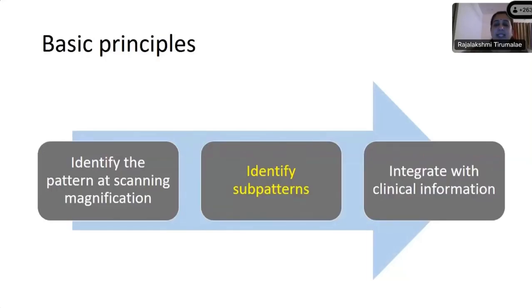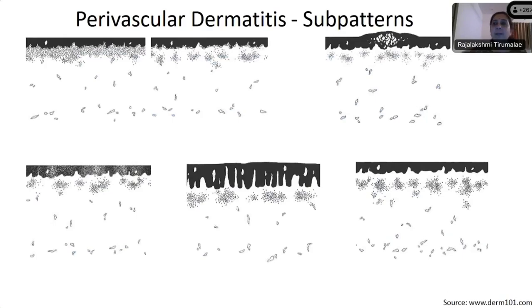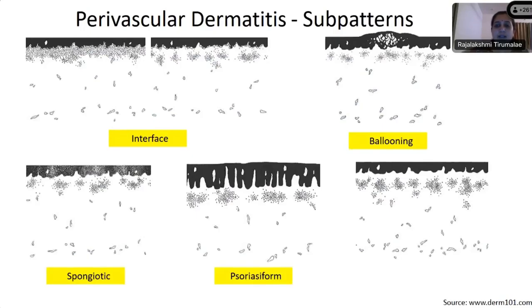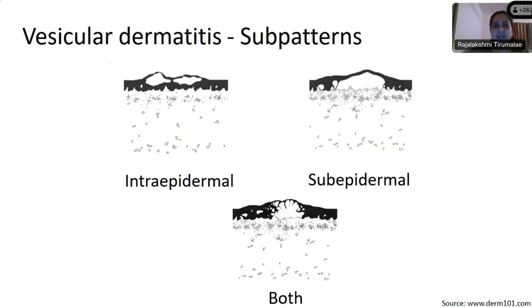The second step is to identify the subpatterns. For example, if you take perivascular dermatitis, it is associated with a host of changes, especially in the epidermis, in the form of interface, ballooning, spongiotic, psoriasiform, or sometimes there are no epidermal changes. So these are some of the sub-patterns which we will identify as we go into the cases.